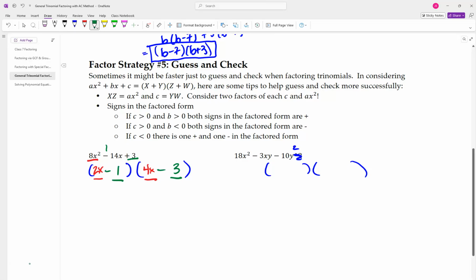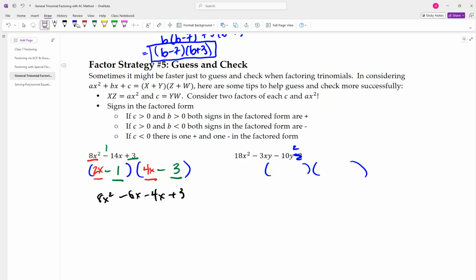Now, this strategy is called guess and check because you literally need to guess and then check. So now if I undo the factoring via distribution, I'd distribute the 2x, and I'd have 8x squared minus 6x minus 4x and then plus 3. That doesn't work, right?